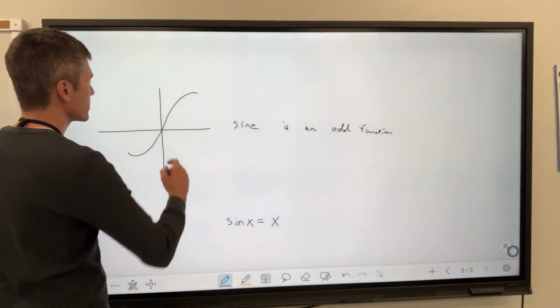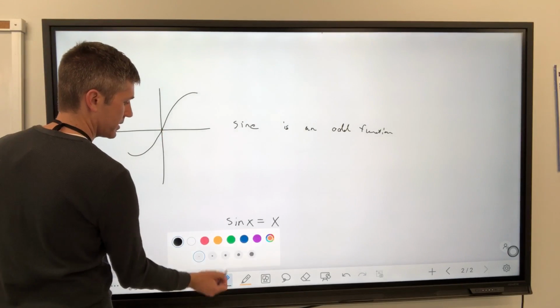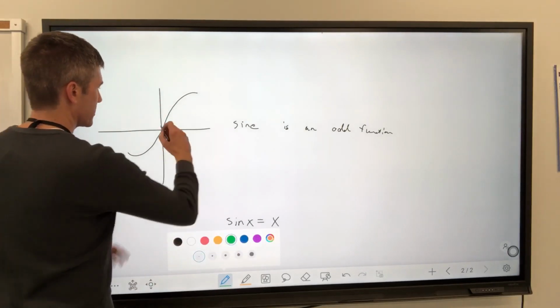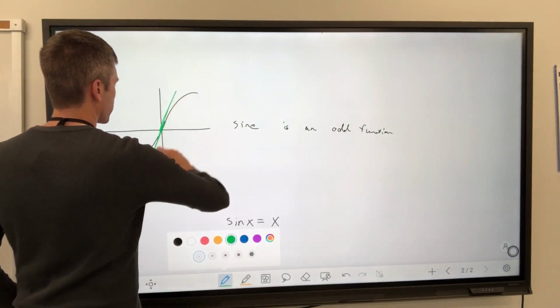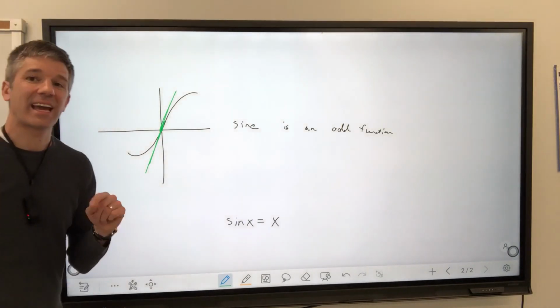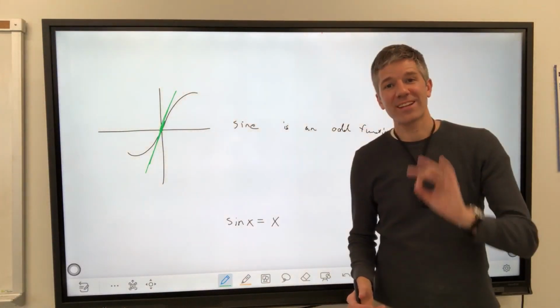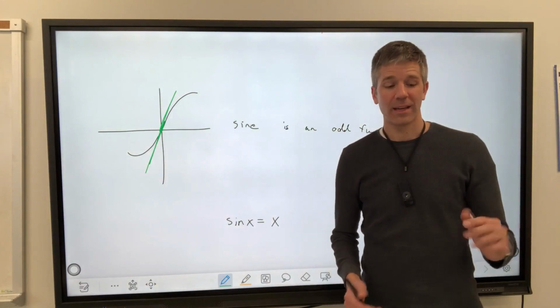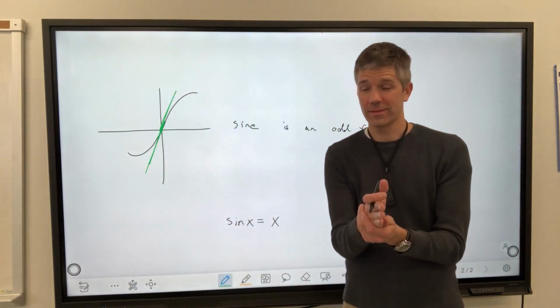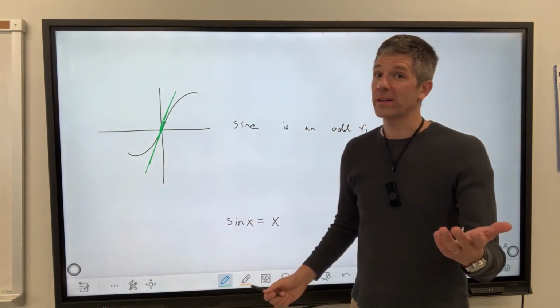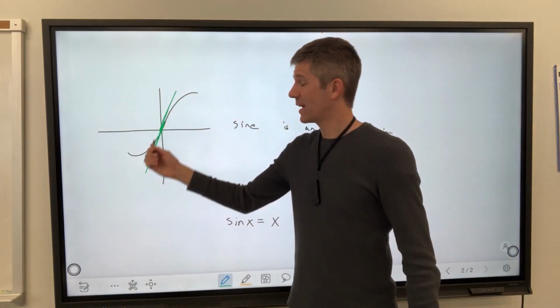And here's why. Sine x equals x for values of x close to 0. The line y equals x is the tangent line. The tangent line, oh, this is beautiful. The tangent line of sine, centered at 0, the first degree Taylor polynomial is x.